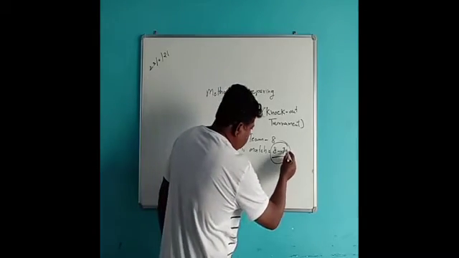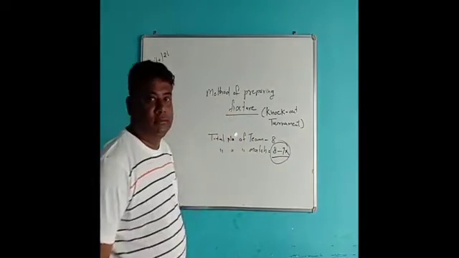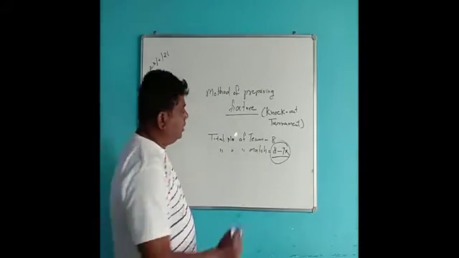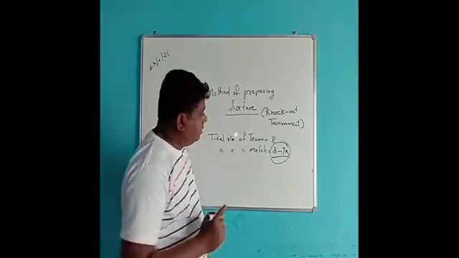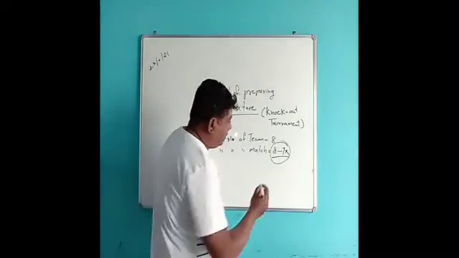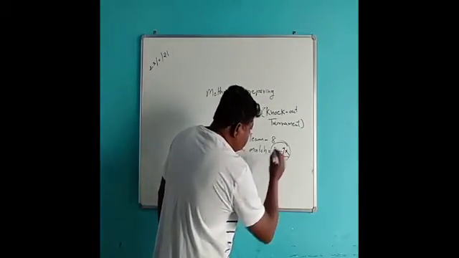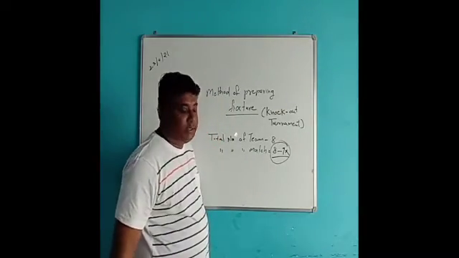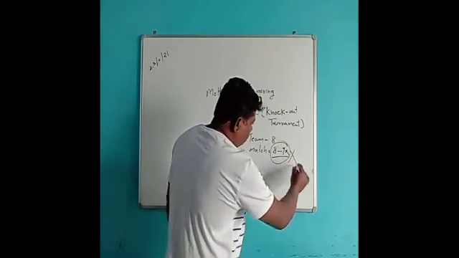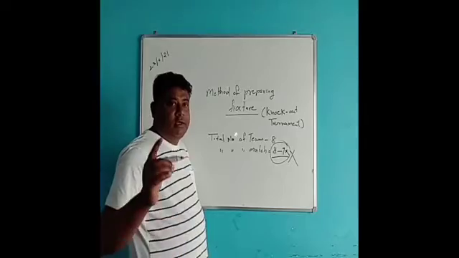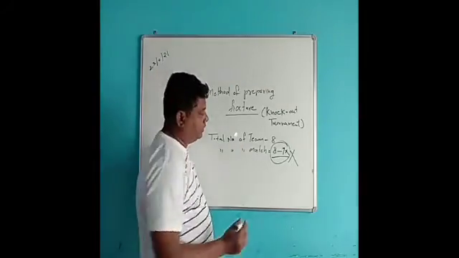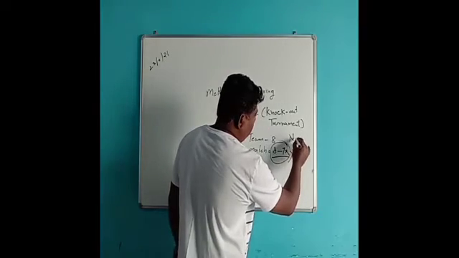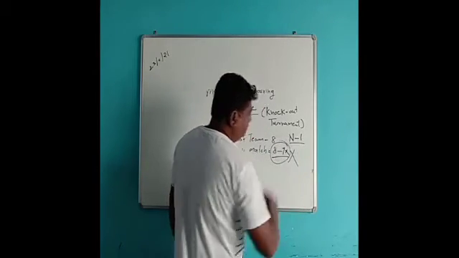Many times students in a hurry write 8 minus 7. This is wrong. There is a formula: n minus 1.